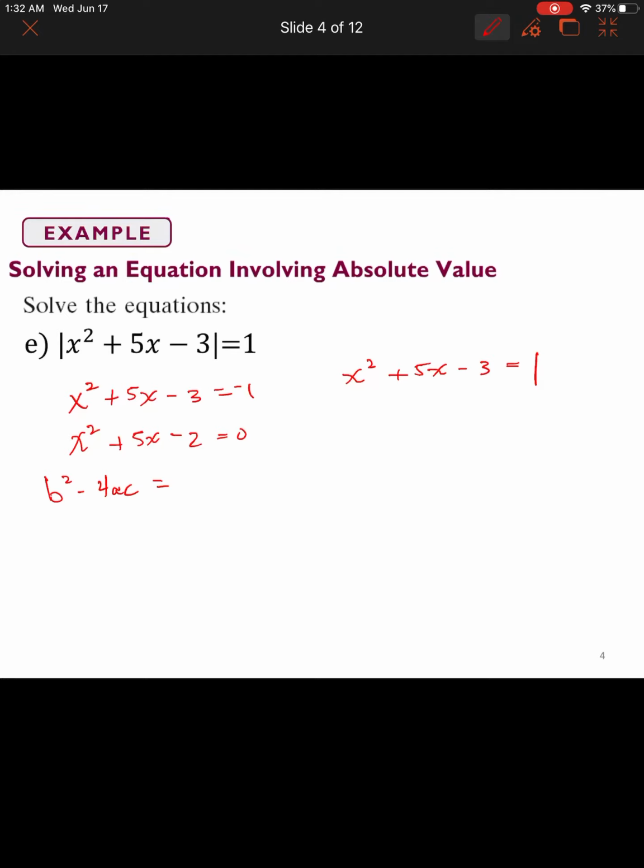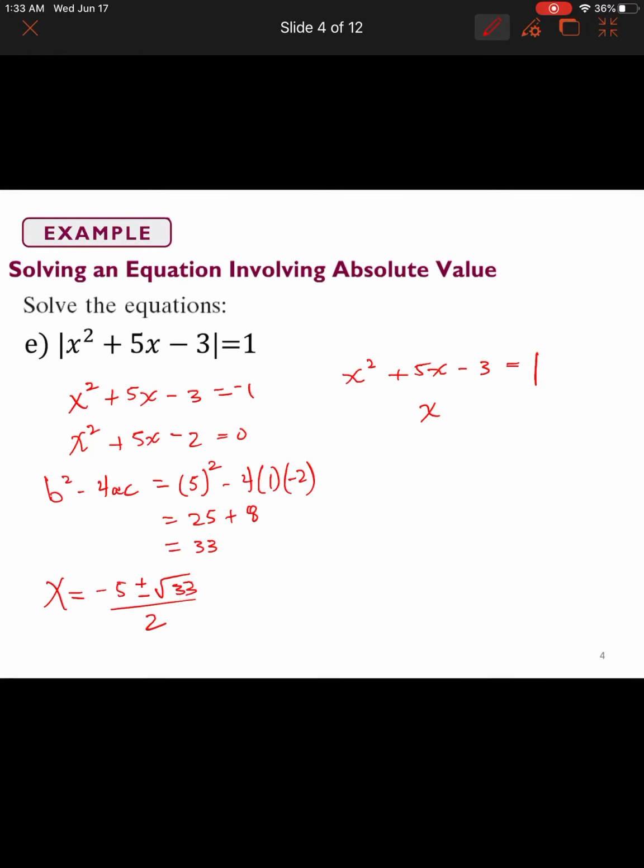I told y'all I was going to wham that discriminant. That's in the quadratic formula, which is why I wanted you to get it locked into your brain. Minus 4 times 1 times negative 2. Right, we got 25 plus 8 equals 33. Tossing that into the quadratic formula, x equals opposite of b, we have negative 5 plus or minus square root of 33 all over 2a. That's for the left hand side.